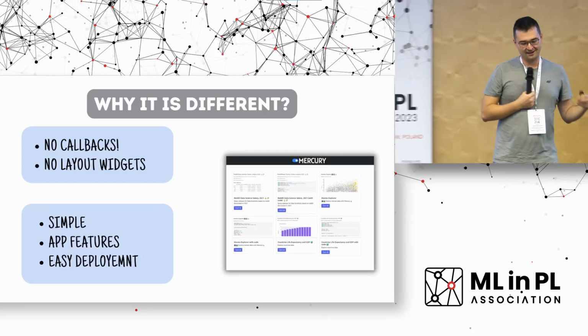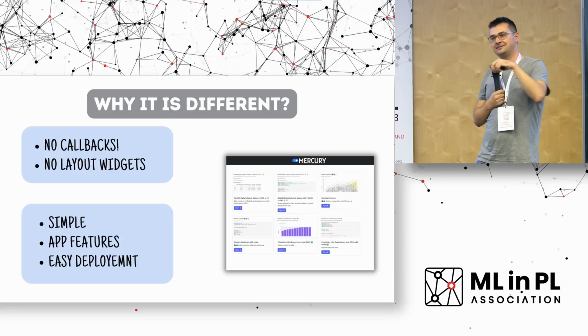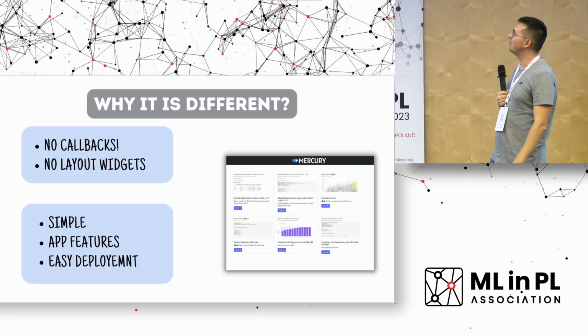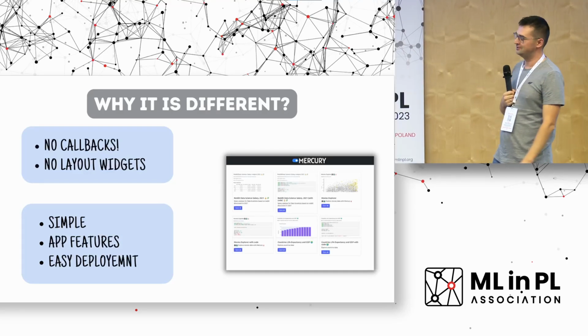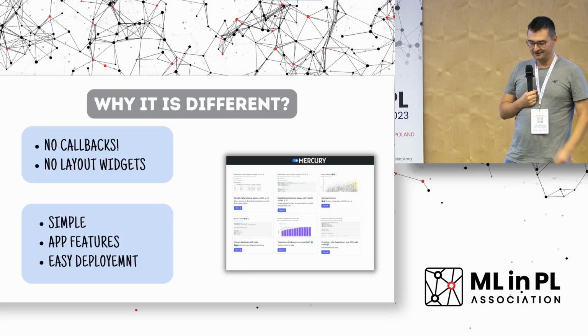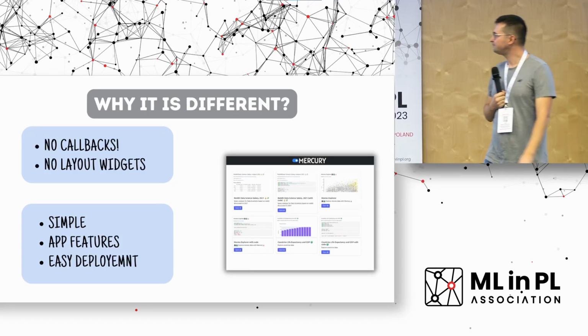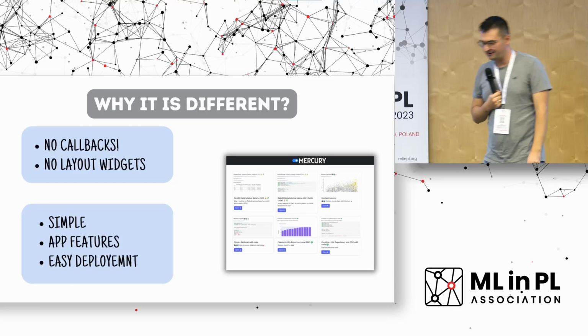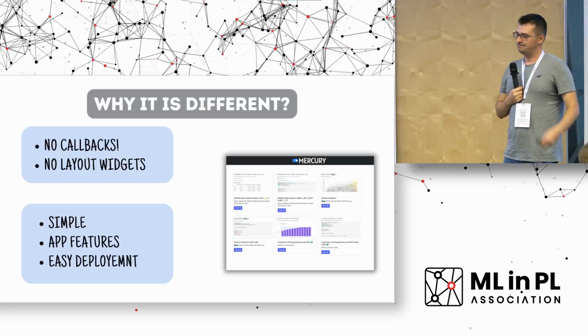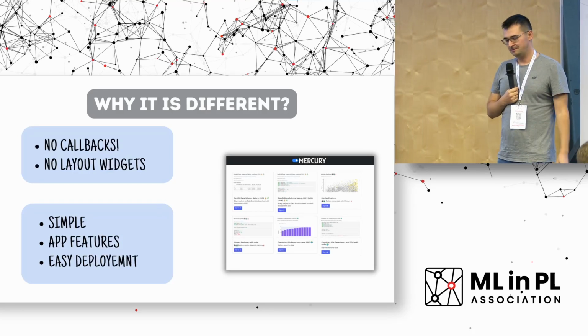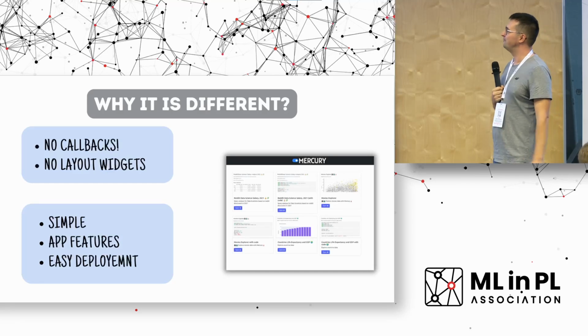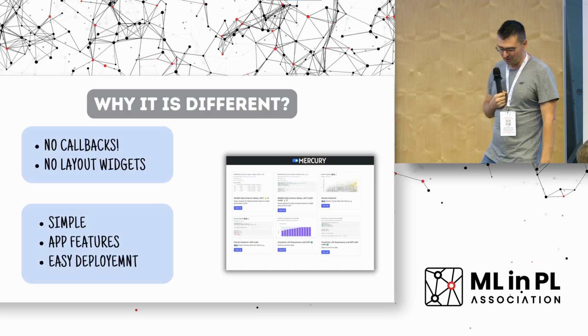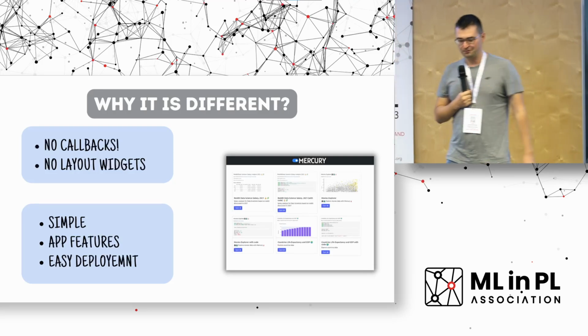There is no such thing as, on button clicked, do something. We have no callbacks and we have no layout widgets. So the whole framework is very simple, and we also take care to make app development easy. We added some features for app development, and we made the deployment also very easy. I will show you in a moment.